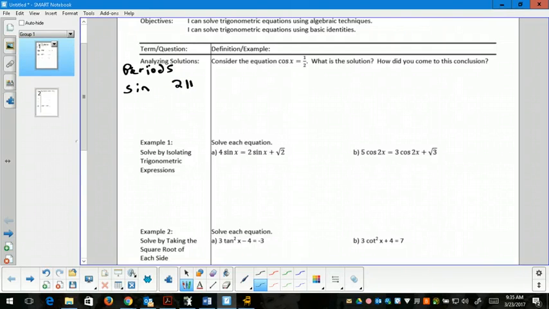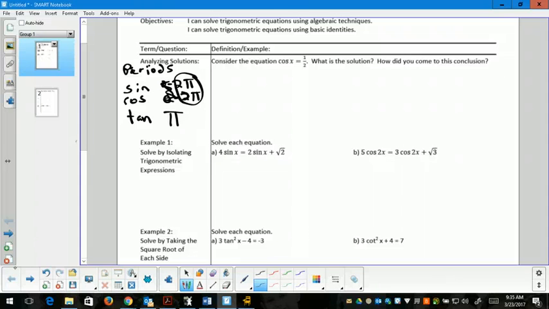It's 2 pi. For cosine, it's also 0 to 2 pi. And for tangent, how long is the period? Just pi. So I really have 2 pi, and pi.